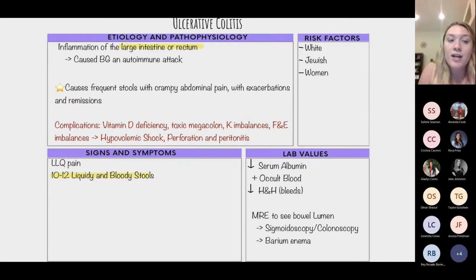But usually with ulcerative colitis, again, they have that left lower quadrant pain, crampy abdominal pain, exacerbations, remissions, etc. But these patients are going to have a lot more frequent stools, and their stools can be bloody. So we're probably going to want to get an occult stool test. So just kind of keep that in mind.